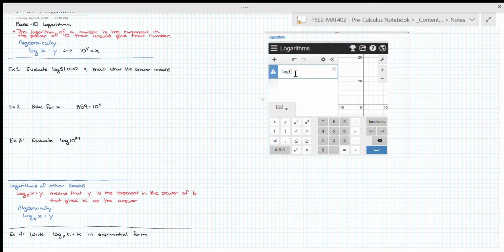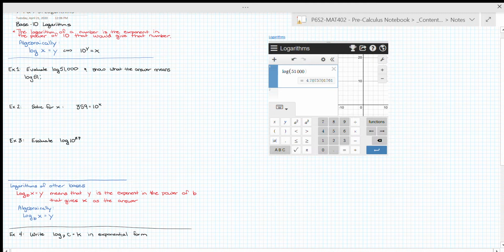If I want to evaluate the log of 51,000, I get 4.70757, and so on. To show what that answer means, that output, 4.70757, is the y value in my equation up here.